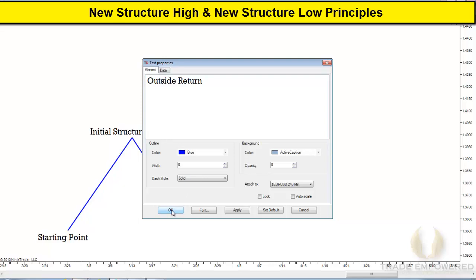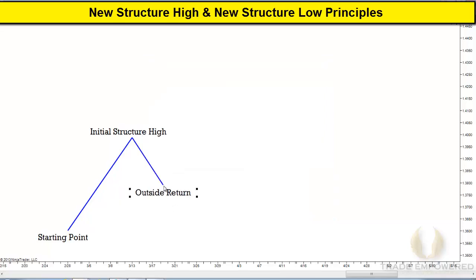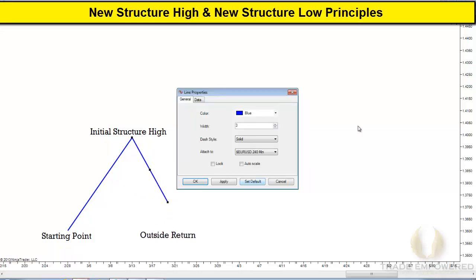And what makes this outside return valid is the fact that this outside return completes higher than our starting point. If the market were to push below this starting point, our initial start, then this would not be considered an outside return, and we look at the market as being in consolidation. So as long as this outside return move completes above this starting point, and it could be right here, it could be right in the middle, it could be all the way down here right at it, this is going to be a valid outside return.